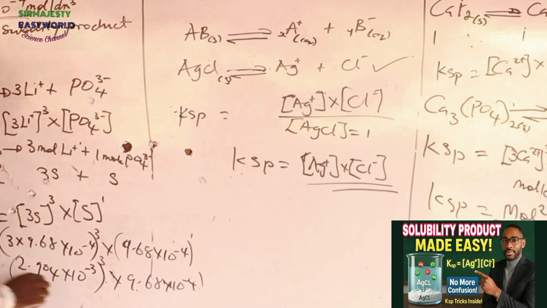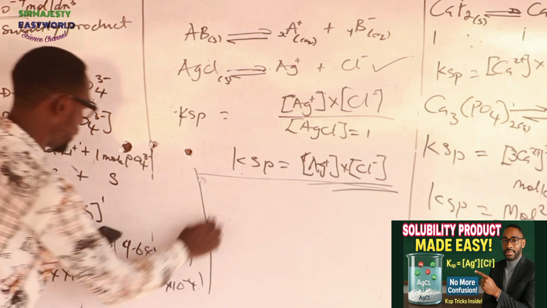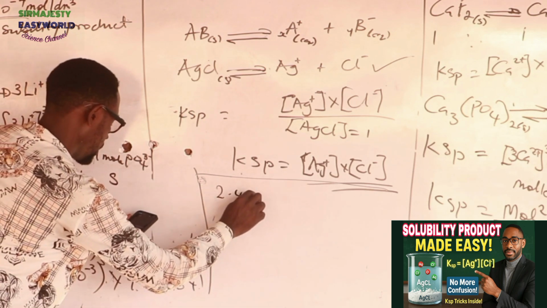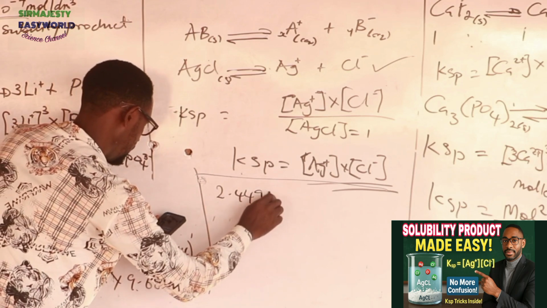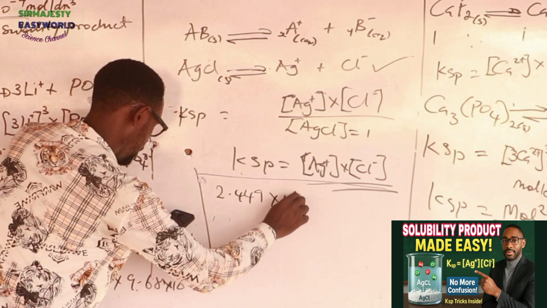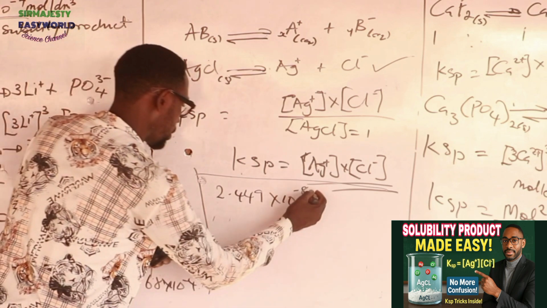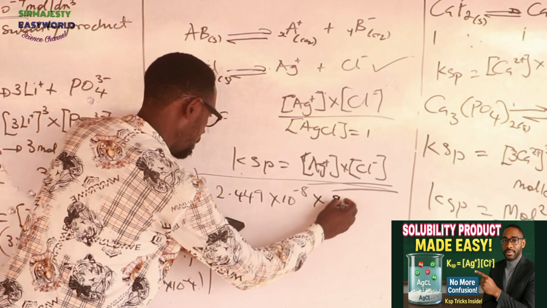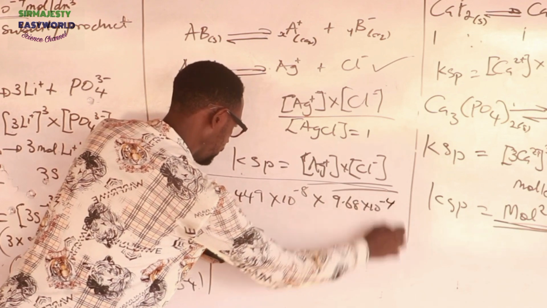If I raise this to the power 3, my answer when I raise to power 3 is 2.449 times 10 raised to the power minus 8. Then multiply by 9.68 times 10 raised to the power minus 4.